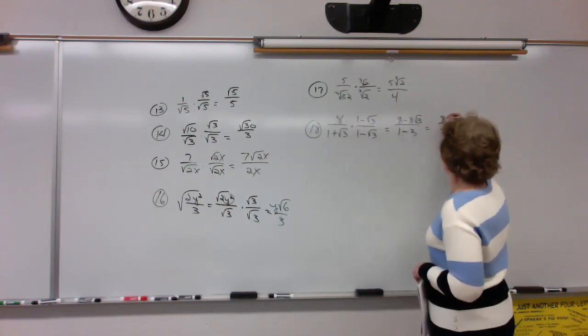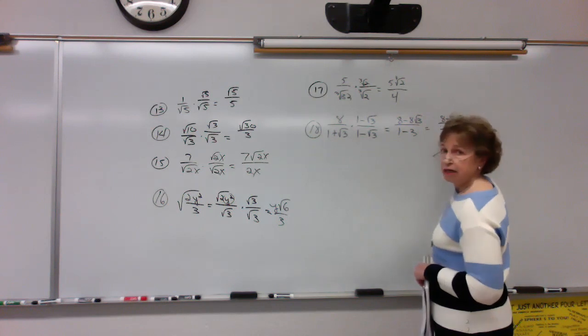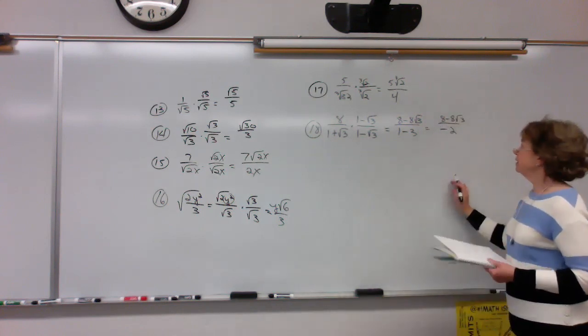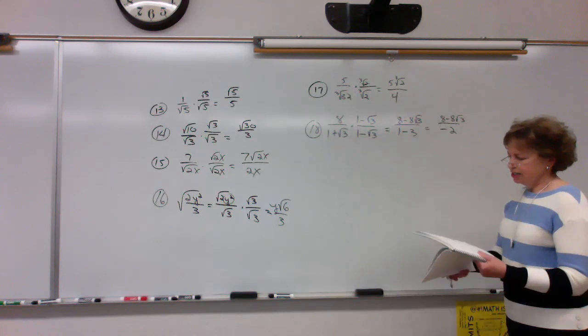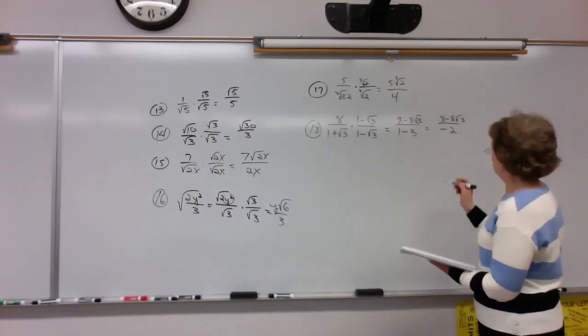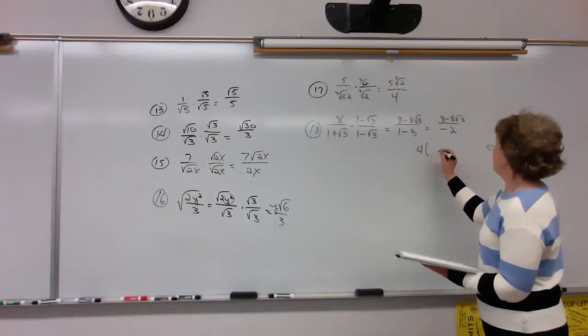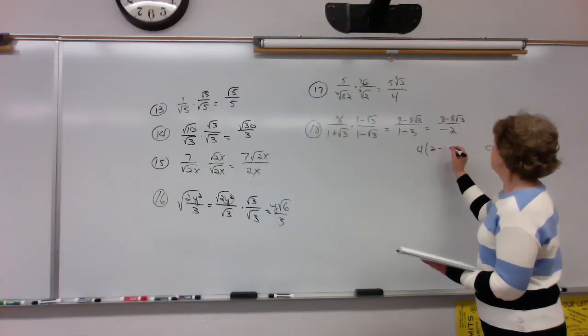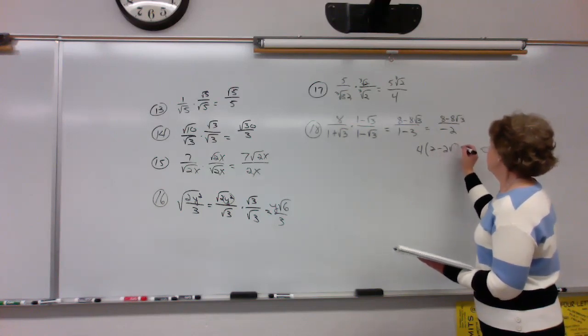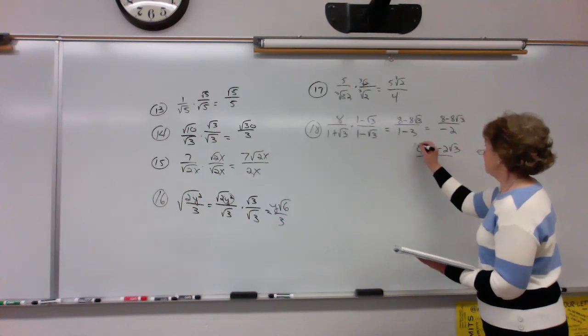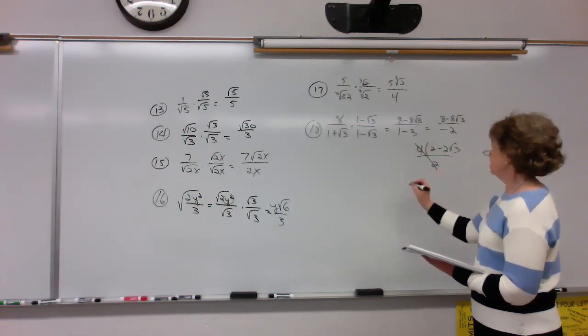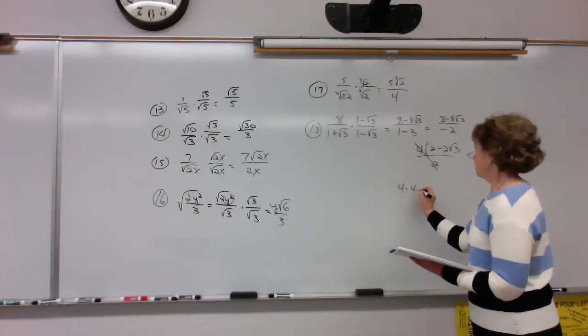And up here I have 8 minus 8 root 3. I'm still covering it up though. And I need to factor. So if I pull out that 4, I would have 2 minus 2 root 3, all divided by 2. That cancels. And so I have 4 minus 4 root 3.